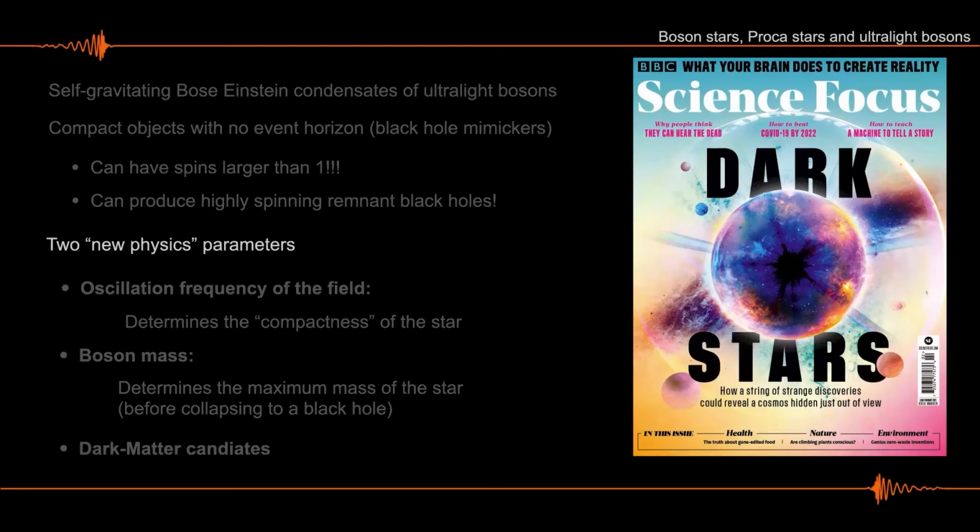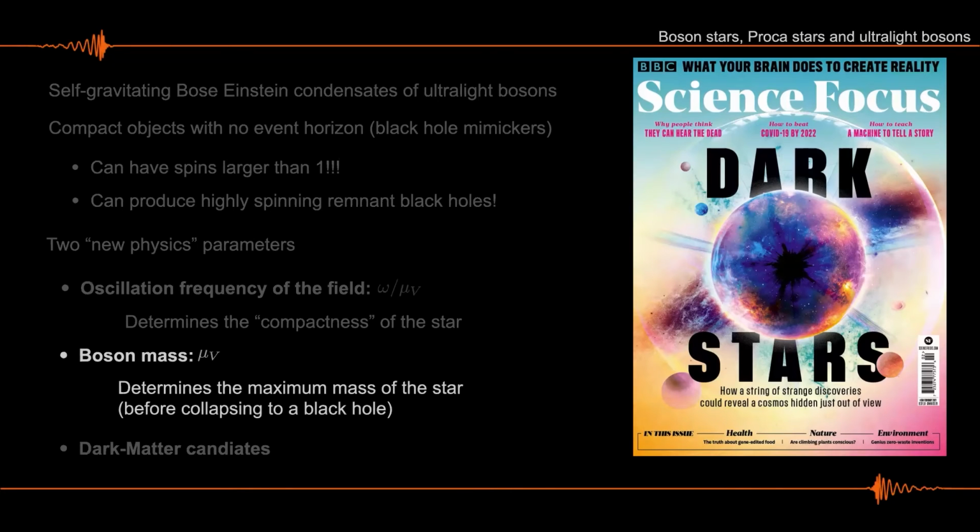Boson star mergers are going to have all of the same parameters as a black hole merger: masses, spins, inclination, distance, whatever. But there are going to be specific parameters to the boson stars that describe the new physics. The first one is the oscillation frequency of the ultralight field, and this determines how compact the star is, so how similar to a black hole those stars are.